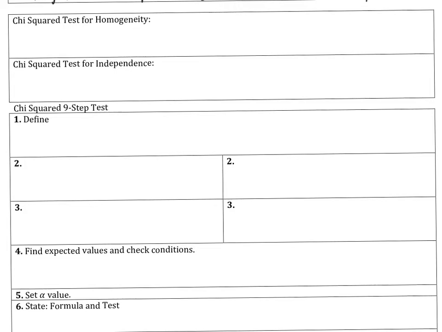So the larger the chi-squared value is, the further away from 1 we are, expecting that we're moving away from the null and towards the alternate hypothesis.